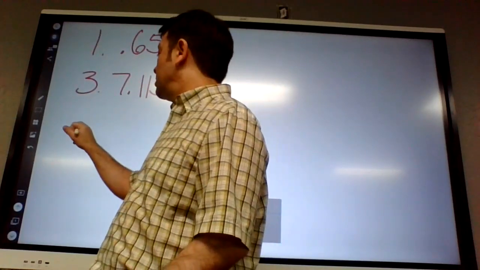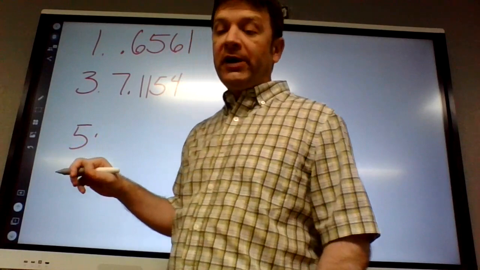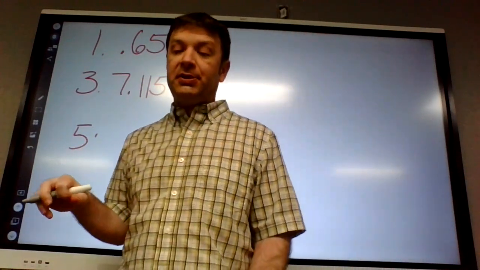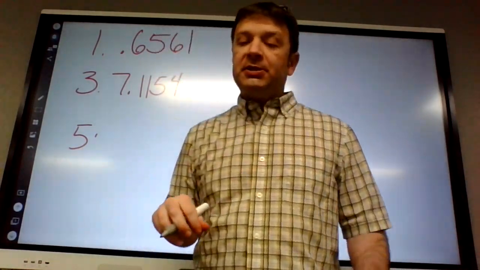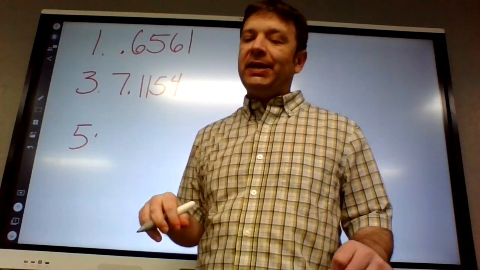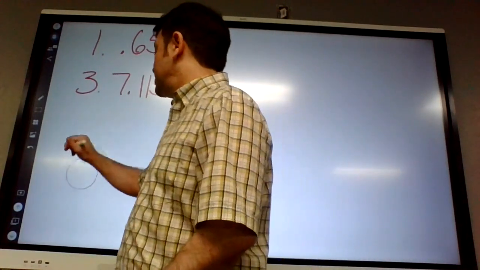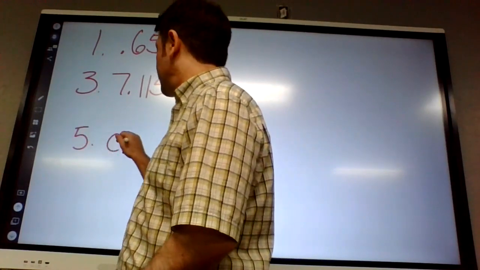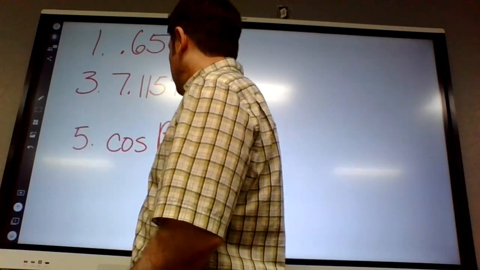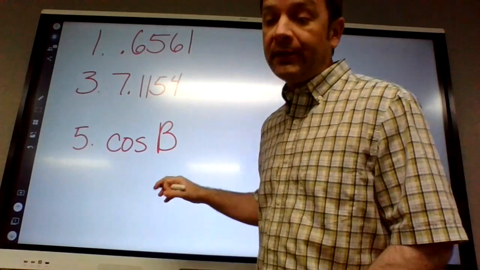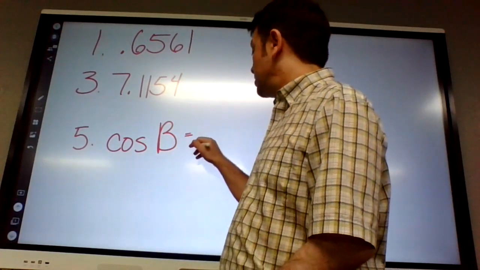Okay, number 5. Okay, 5 is different. You guys see what's different on 5? It says use a calculator to find the measure of each angle to the nearest tenth of a degree. What is different about number 5? Right, to find the angle you have to use cosine inverse.